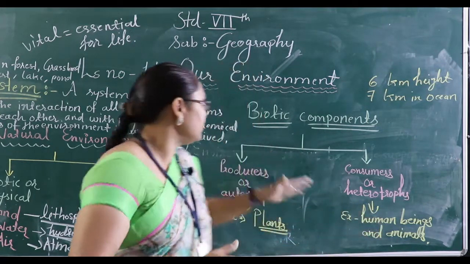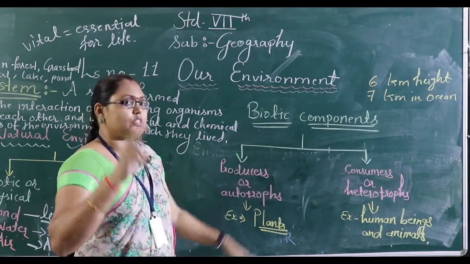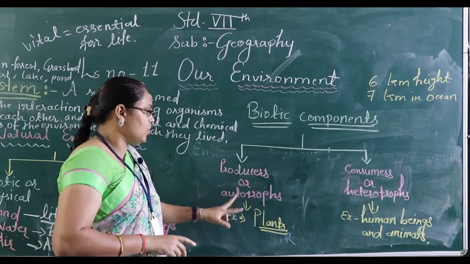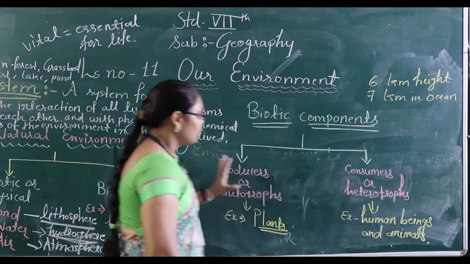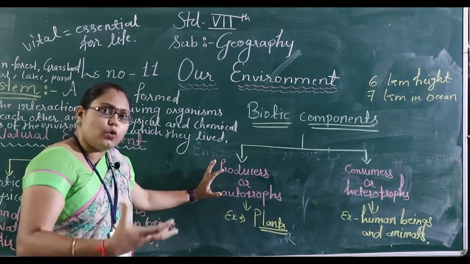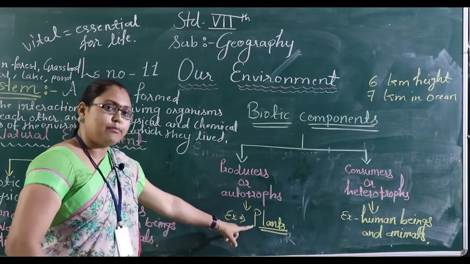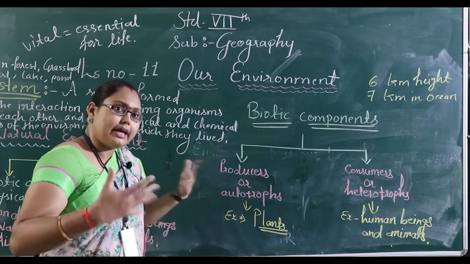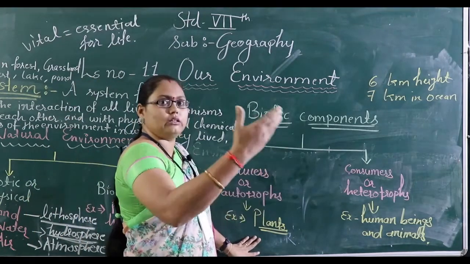Do you understand properly? The two most important categories of biotic components are producers or autotrophs, and consumers or heterotrophs. Producers are organisms which produce their own food directly from the environment. For example, plants do not depend on other animals or other things.